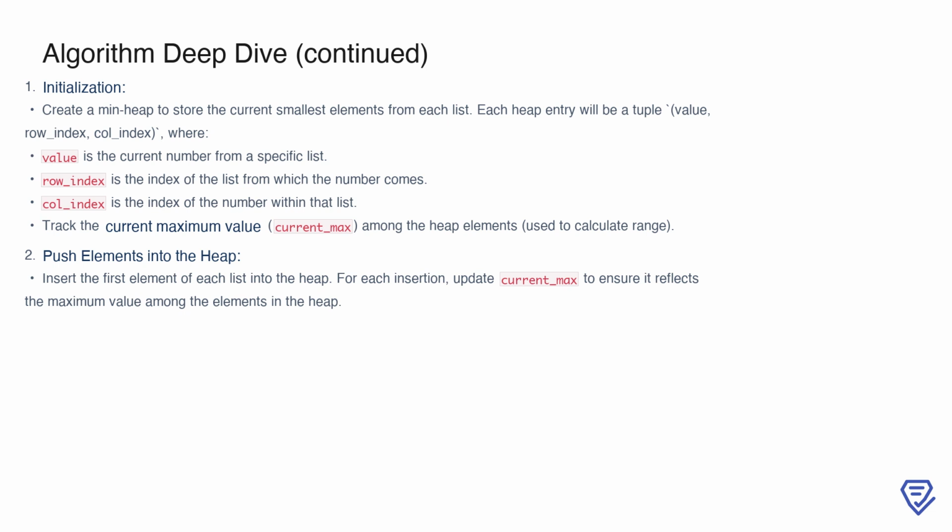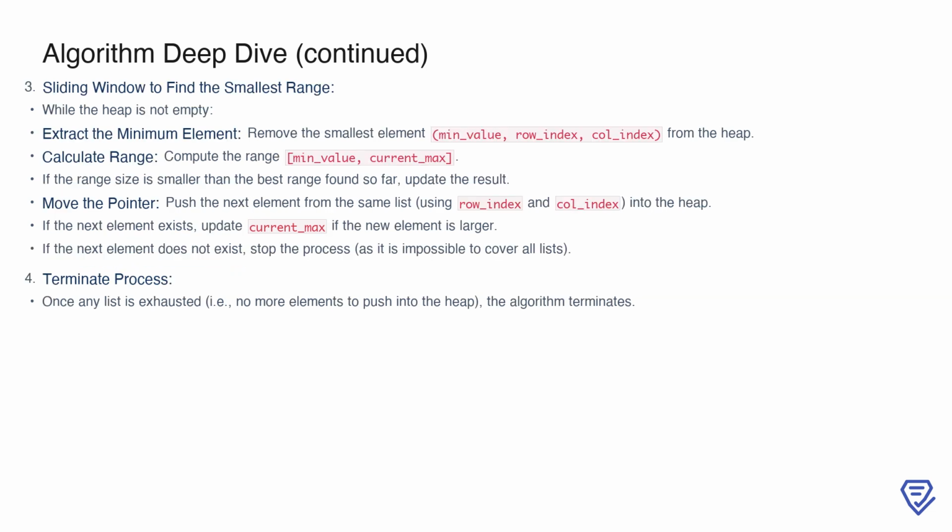To calculate the range, we also maintain a variable current_max to track the maximum value among the elements in the heap. Next, we push the first element of each list into the heap. As we do this, we update current_max to ensure it always reflects the maximum value among the elements currently in the heap.